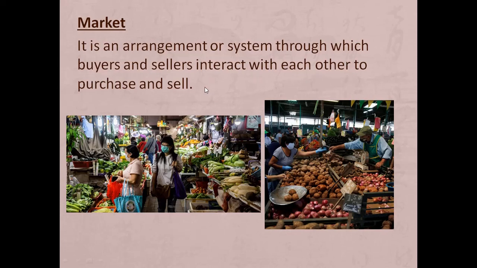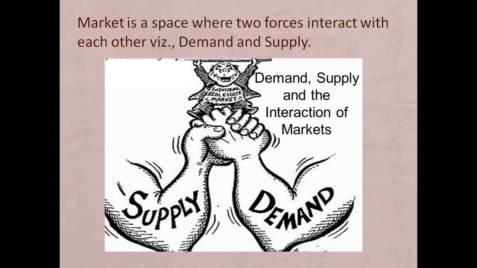Similarly, in this market, the force of demand is created by the consumers, or the buyers, and the force of supply is created by the suppliers, or the sellers, or shopkeepers. So what do we mean by framework? By framework we mean a limited space within which these two forces interact with each other.